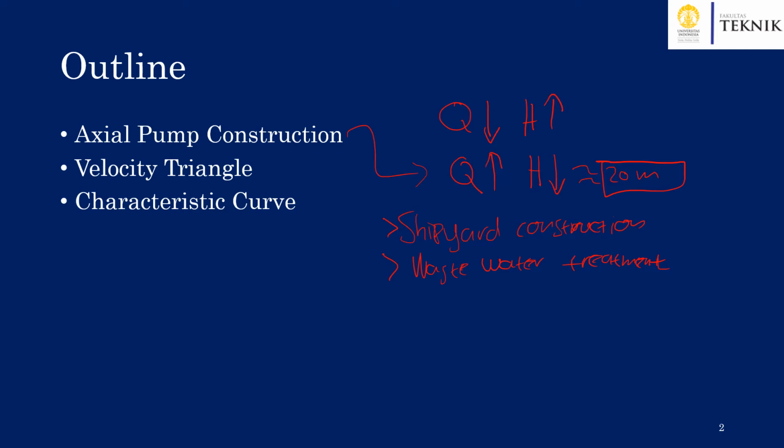On the other hand, for example, when we have a flood and this high water has to be moved somewhere else in a short time, we need a high flow rate.